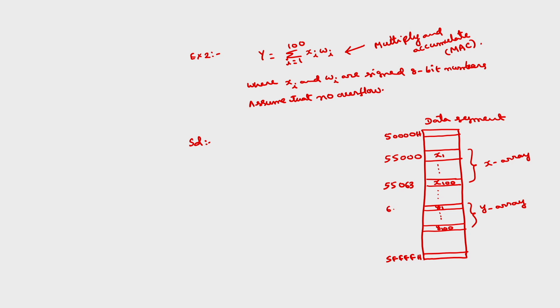Let us assume that this is some 60,000H, and you store the result somewhere in 5700H y. I am assuming that y is also 8-bit. So, this is the basic assumption. Sorry, this is y, this is w.